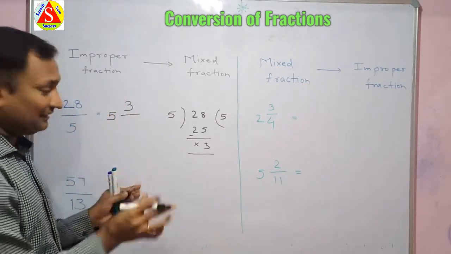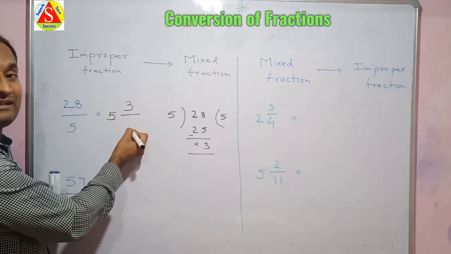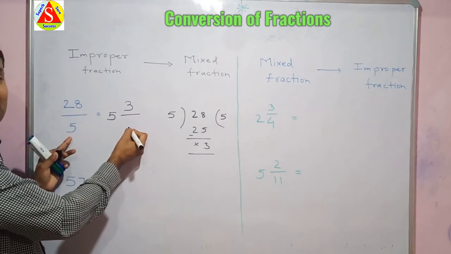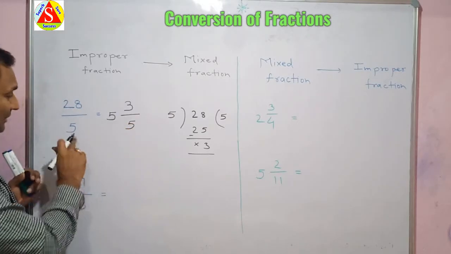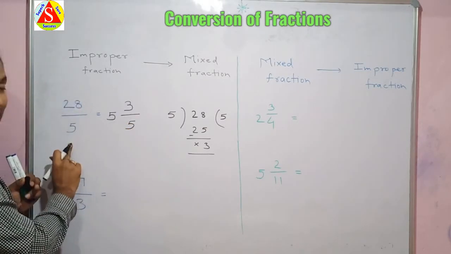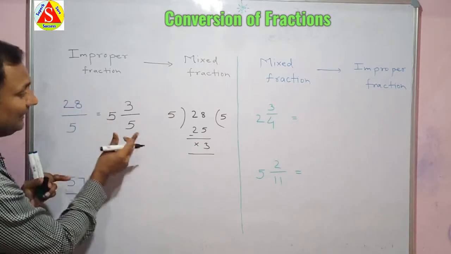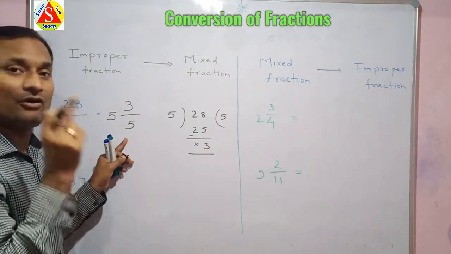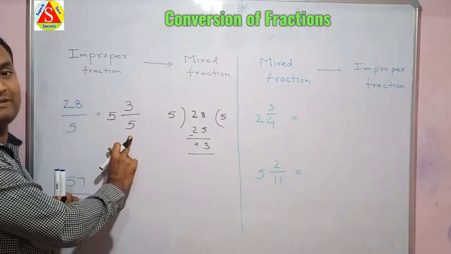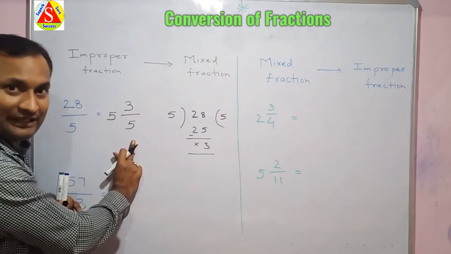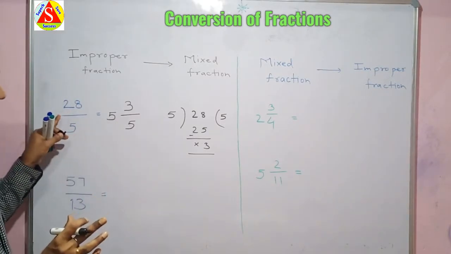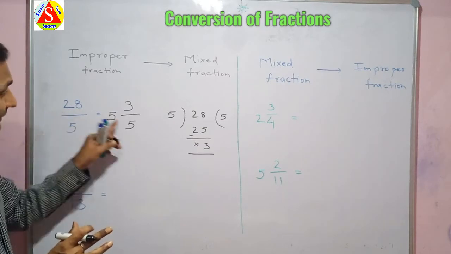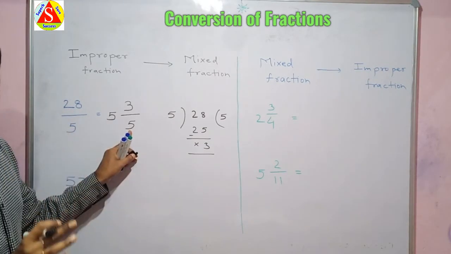And in the denominator we have to write the divisor. Here it will not change, because in 28 by 5, 5 is the divisor. In the mixed fraction it will also be the same term, 5 here. So dear students, this is the conversion of improper fraction into a mixed fraction.